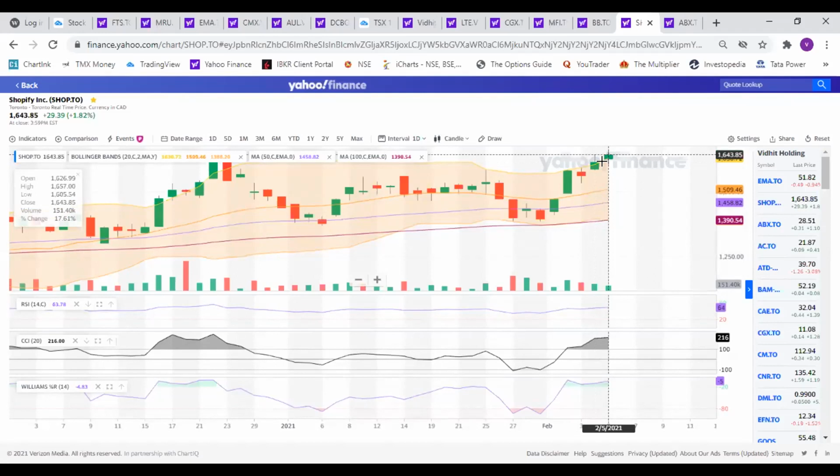Now Williams R and CCI are forward indicators. They will inform you ahead that there is a correction or a reversal in pattern due to happen. Williams R moves from minus 100 to 0. When it comes to 0, it means it's in overbought position, which means it will correct and go down. When it comes to minus 99 or minus 95, it means it's in oversold position.